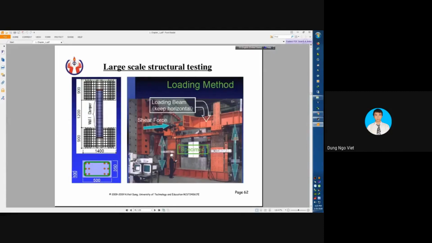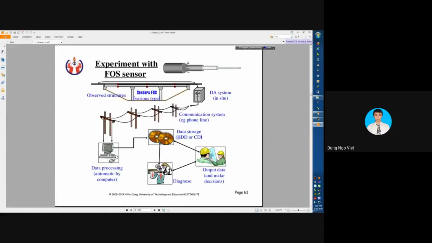Here they are testing a column with the height about 3 meters and cross-section size about 100 by 350 millimeters. And this is the experiment with the many sensors.